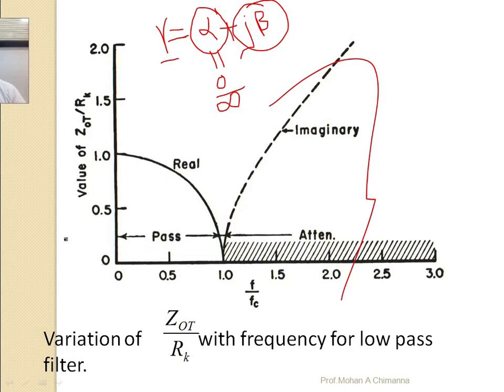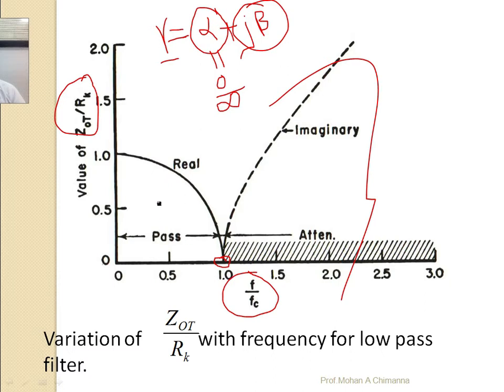So we have to plot the response of F upon Fc with respect to Z0 upon RK, from 0 to 3 and 0 to 2. From 0 to 1 is the cutoff frequency F upon Fc, and up to the cutoff frequency your low pass filter behaves as short circuited, so all the frequencies come out from 0 to 1.